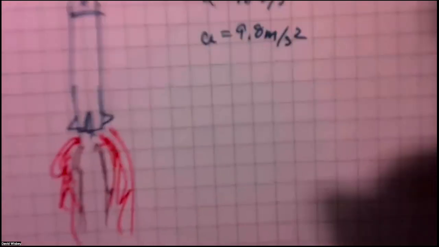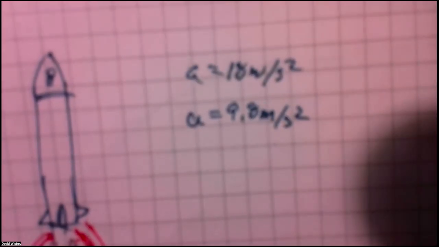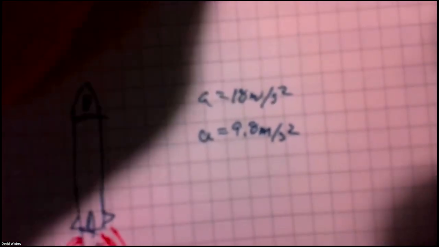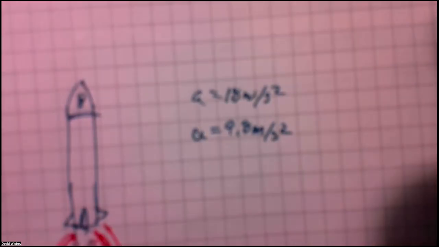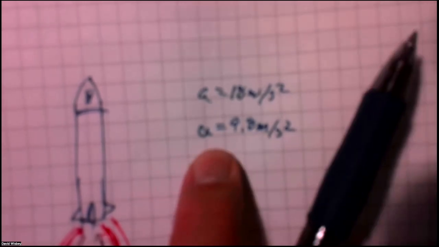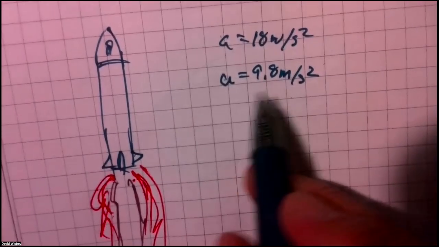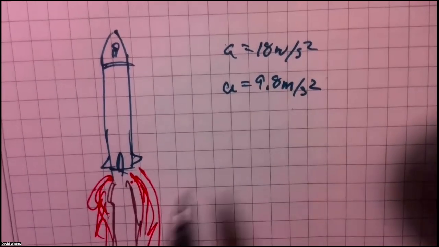These people would experience the same gravity that we experience here on Earth. For them, it would be no different. So that's something that's really cool. So these would be 9.8 meters per second squared.